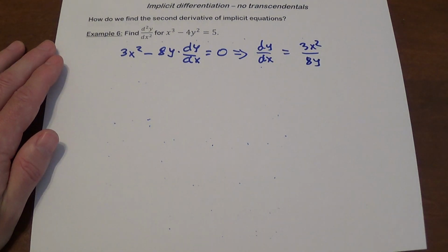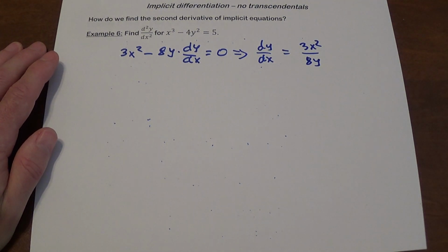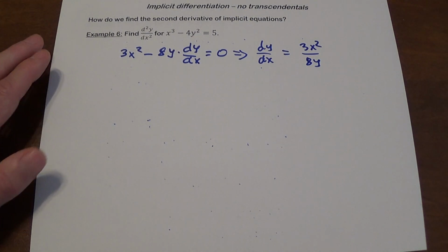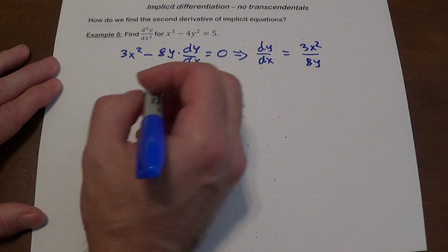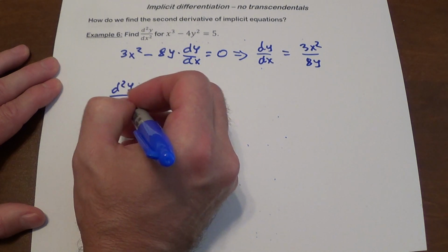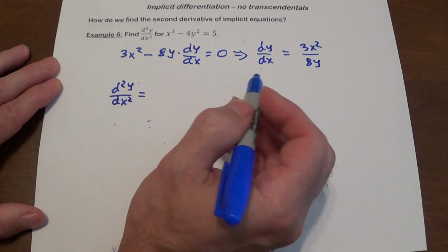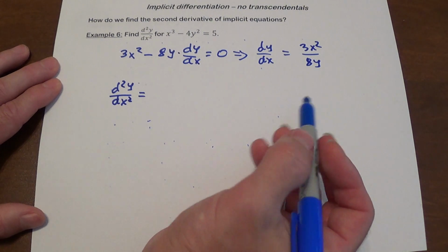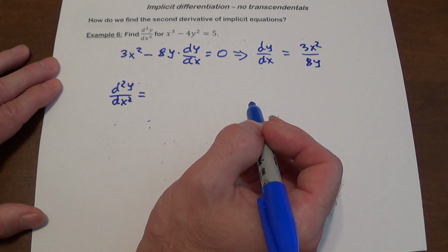This is actually the same problem as the first example. But now we need to differentiate this again. So what you do is you find the derivative. So d squared y over dx squared, this is the notation that we have to use. You differentiate this expression, this is going to require you to use the quotient rule.